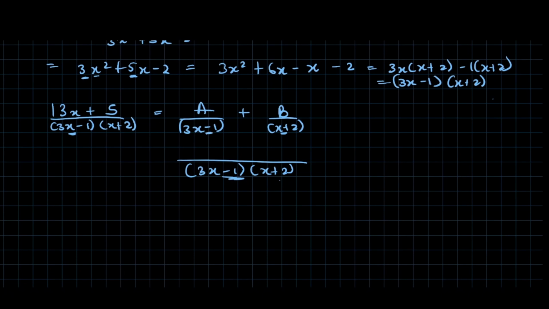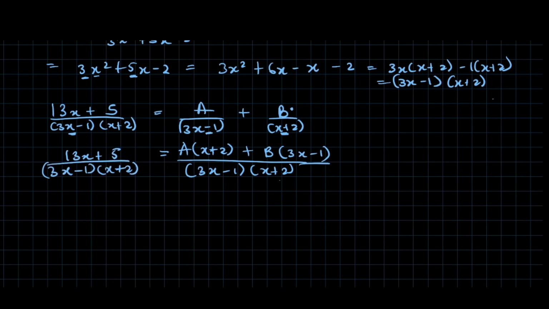This divided by this should leave you with x plus 2. So x plus 2 will now multiply A, so it will be A times x plus 2. We do the same thing for B: this denominator divided by x plus 2, the remainder will be multiplied with B. So it will be plus B times 3x minus 1 equals 13x plus 5 over the denominator.